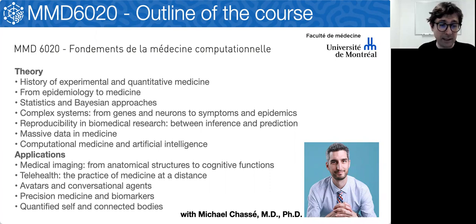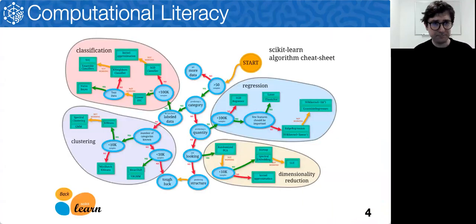And finally, quantified self and connected bodies, with all the wearables, and how digital psychiatry and digital medicine are becoming a reality in daily life. So it's more like computational medicine in general, but it gives you a sense of how we try to create this curriculum. And it's all about creating a literacy for the students.